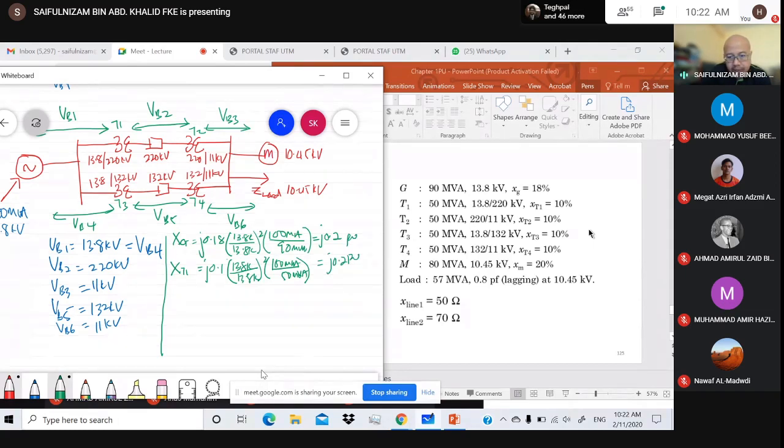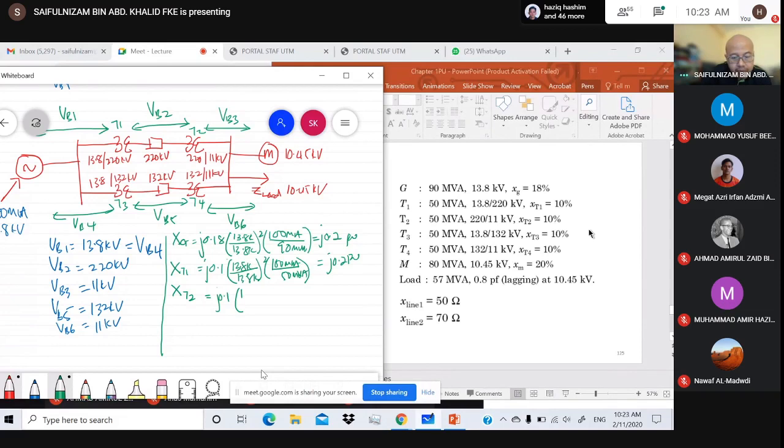For the line, yes, you have to find the base. Let's settle the transformers first. XT2: let's say I choose the secondary.